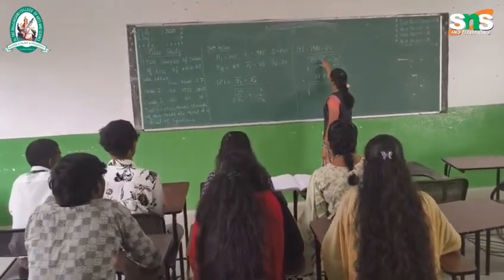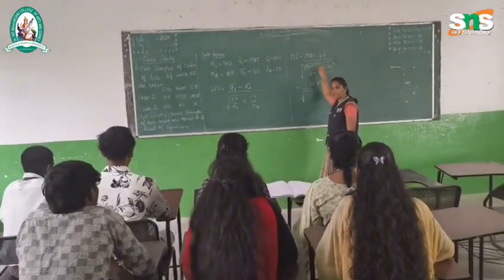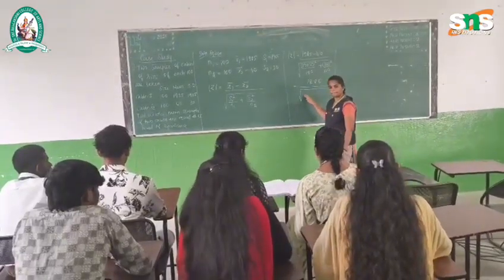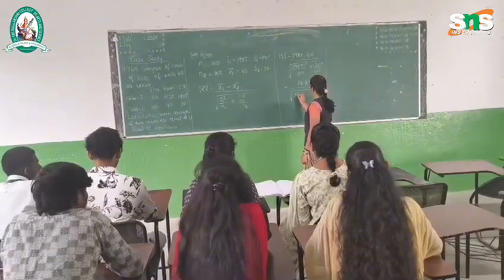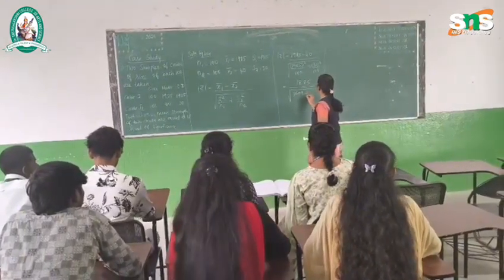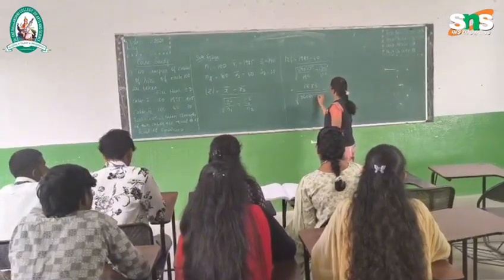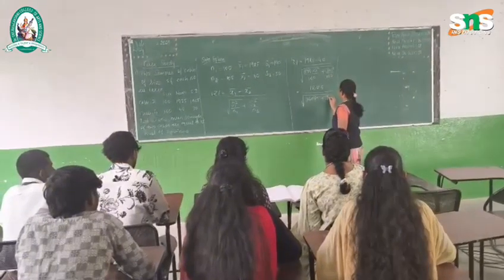For the denominator, first you have to square the 95 and then divide it by 100. What is the value of the first one? 90.25, plus the second value, 9.